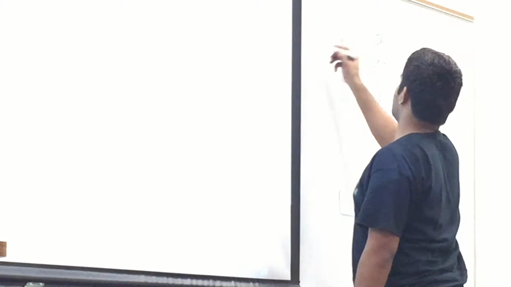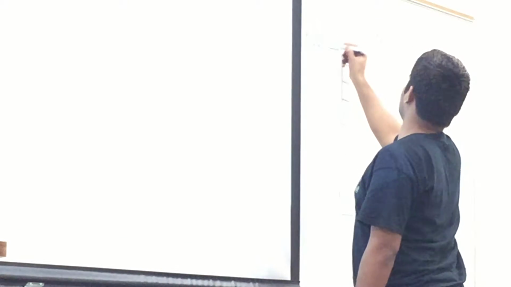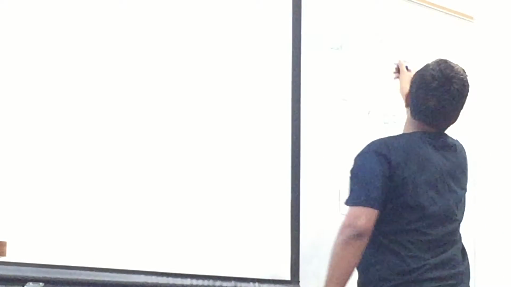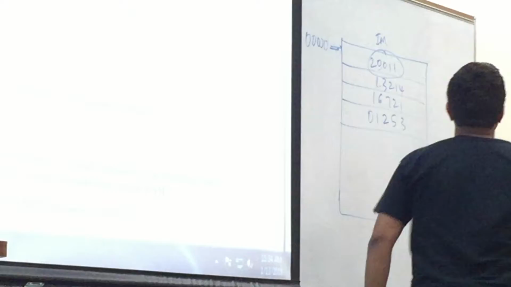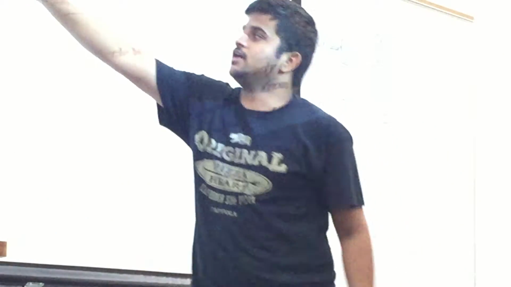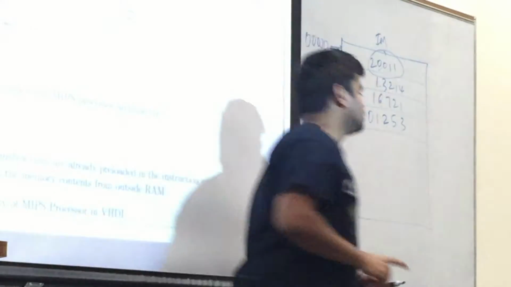So this program counter will initially point to this location. So we'll be fetching this data. So that is the operation of instruction memory. Based on the program counter address, you have to fetch the corresponding data. That will be the output of instruction memory. Any questions?